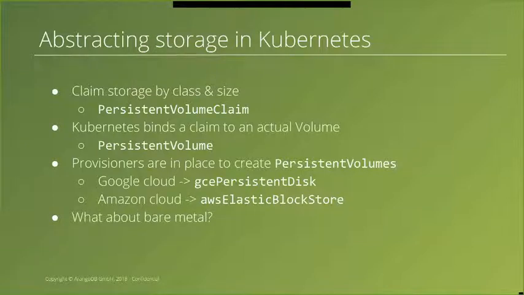So, since, was it 1.8? Kubernetes 1.8? Something like that. There is something called a persistent volume claim. So what's that? I think people like Google have recognized this problem with storage, and so they have abstracted away the problem in a sense.